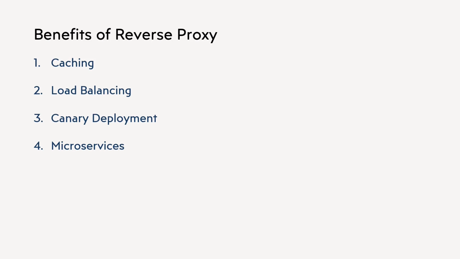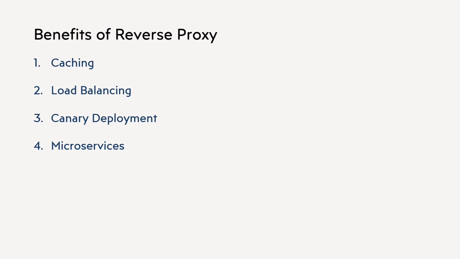And the third point is canary deployment. Suppose google.com wants to launch a new product. It cannot launch the product to all users, so it wants to test it first. Maybe it will set up that 5% of users can access the new service and test it, so that it can get feedback from them.